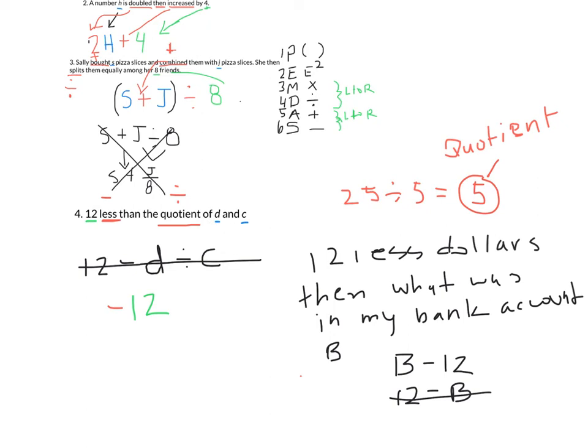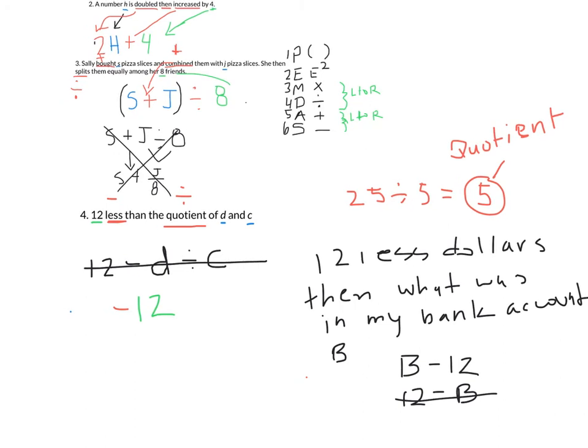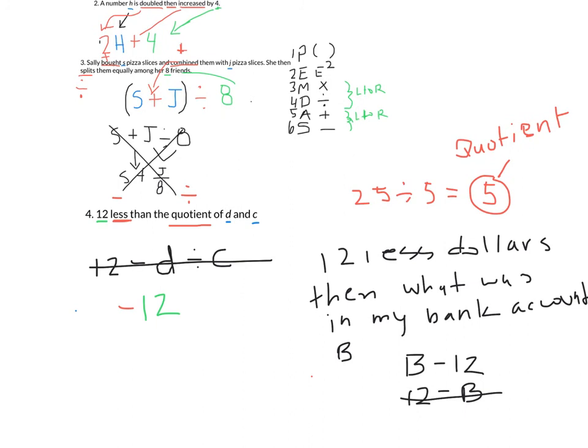We can say D divided by C minus 12, or we can do D, use the red line, D over C minus 12.